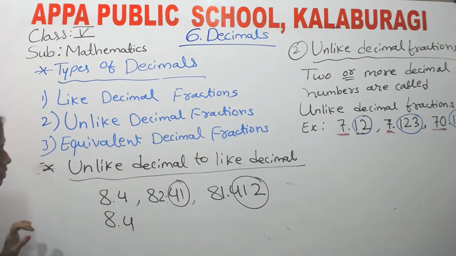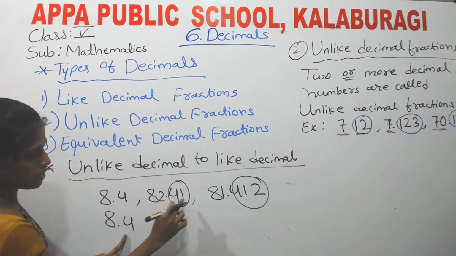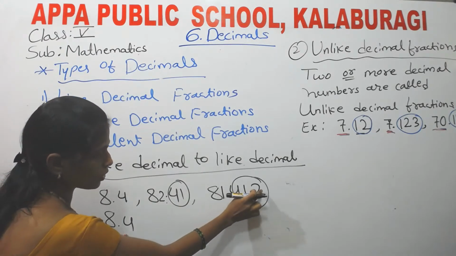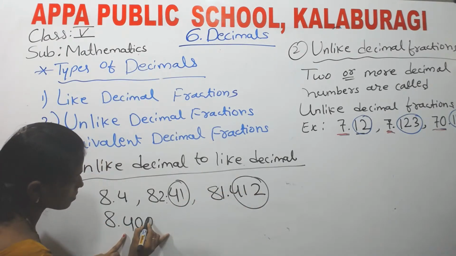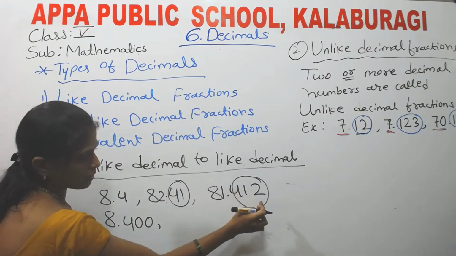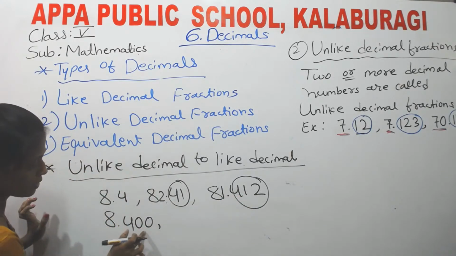8.4 we write as it is. After the decimal point, the highest is three digits: 1, 2, 3. Now put two zeros here, add two zeros. Why here? Because after the decimal point there are three digits, so we add two zeros.